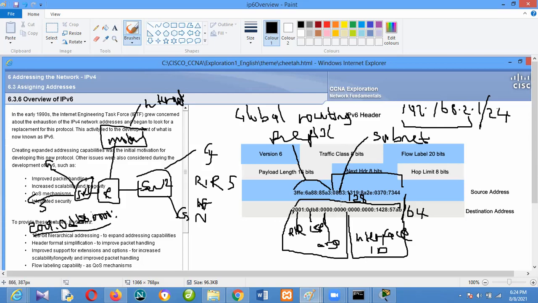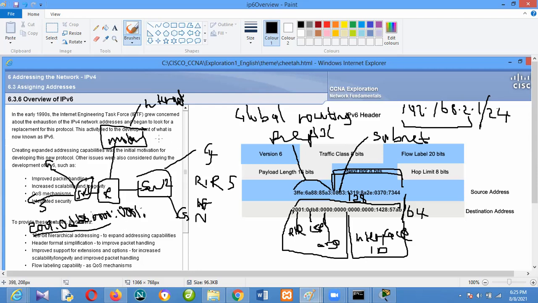Then since I'm in charge from subnet, I'm in charge till there. It means that I can call this particular network 0001. That's for this network.